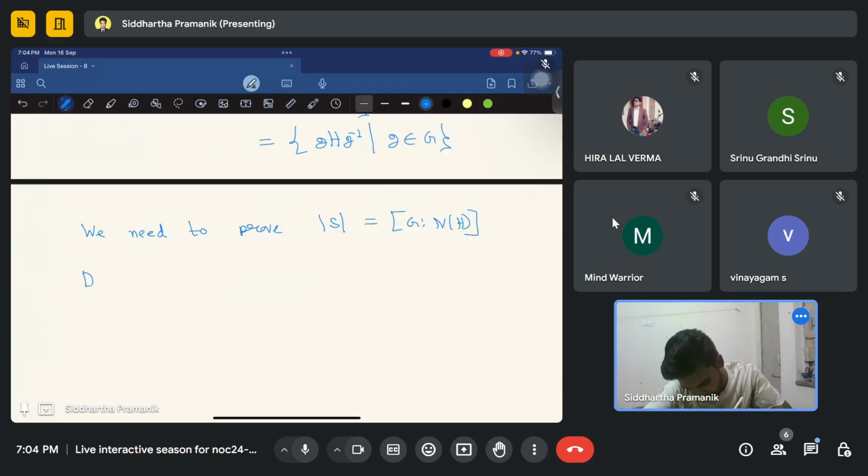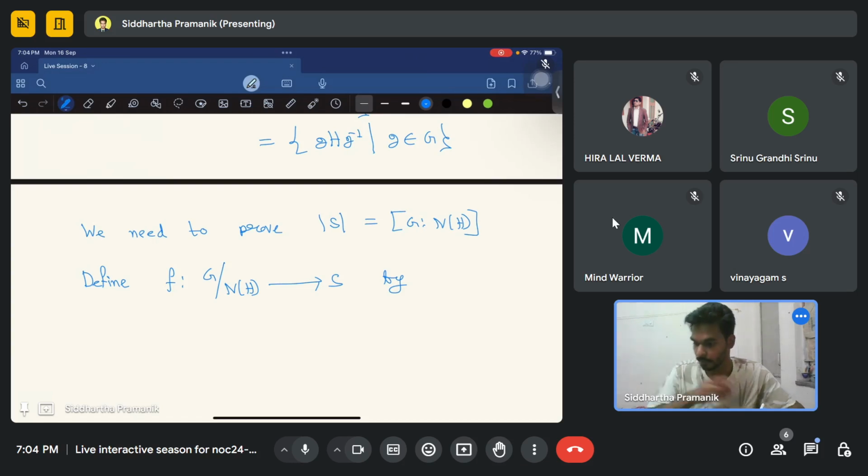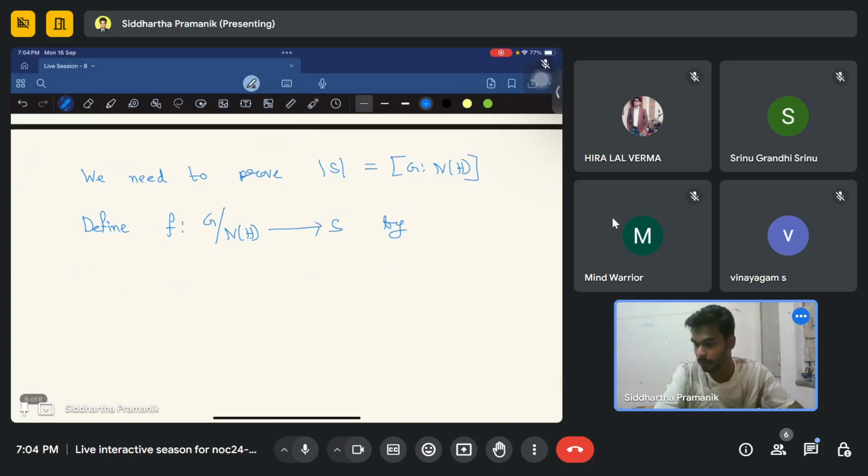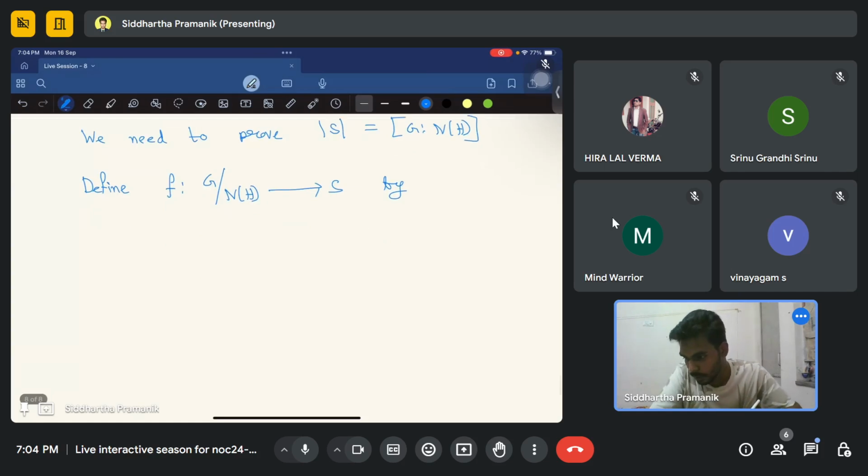So define f from this set of all cosets to S. And how will we define it? f of this coset is gHg inverse.